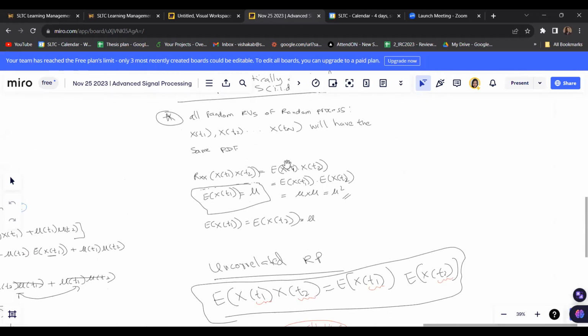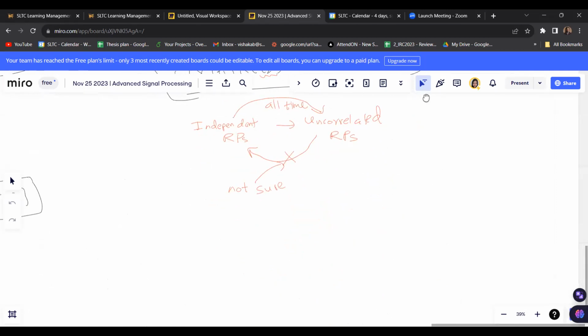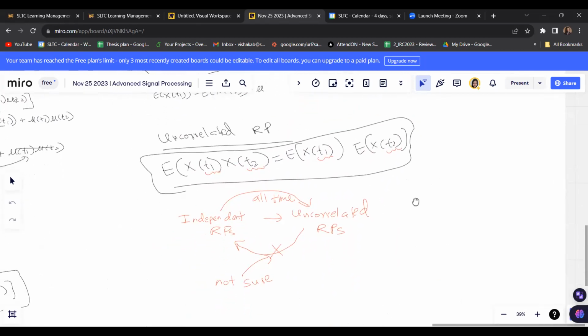So we discussed uncorrelated random processes, and then we wrote the definition. An uncorrelated random process shows the same behavior in this expression as independent random processes, where we take the expectation of the product of X(t1) and X(t2).